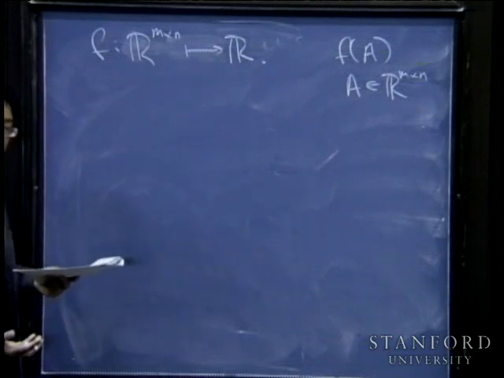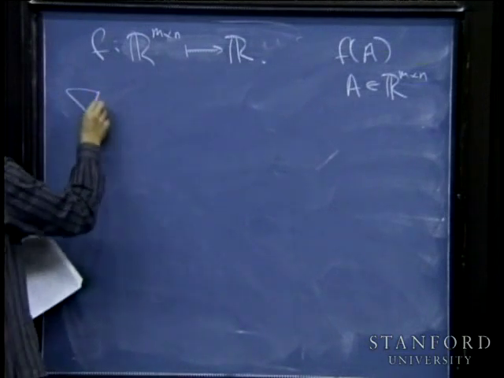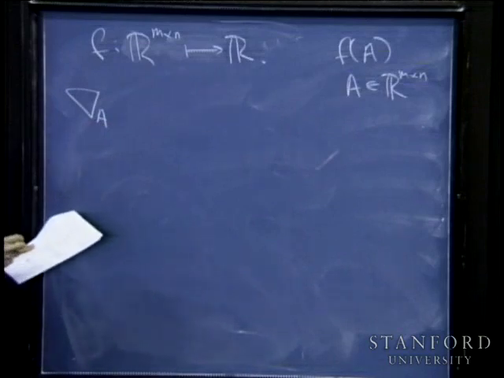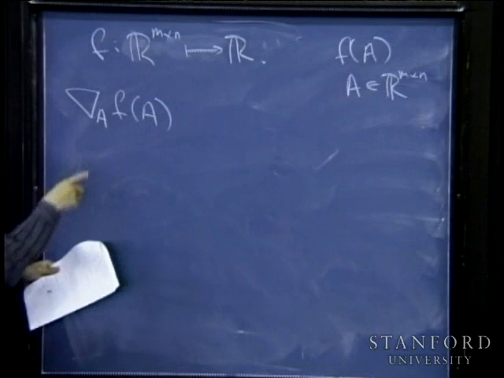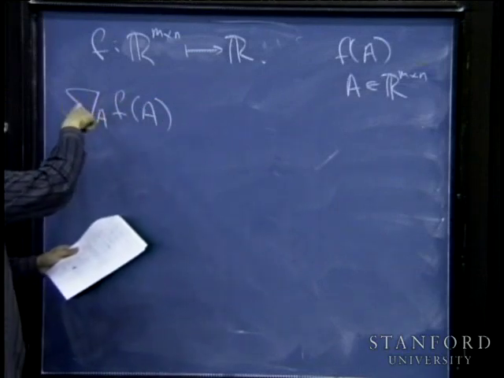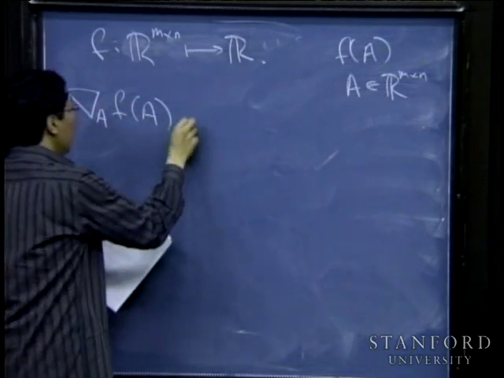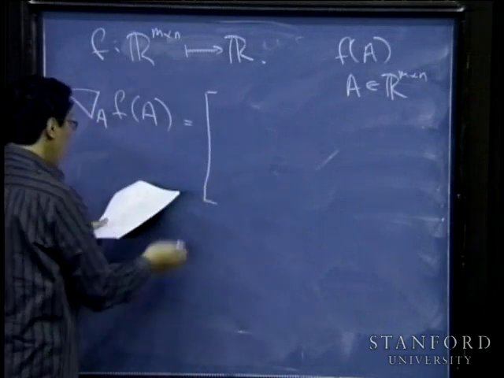It takes a matrix as input. Let me define the derivative of f with respect to the matrix A. This is taking the gradient of f with respect to its input, which is a matrix. I'm going to define this itself to be a matrix.